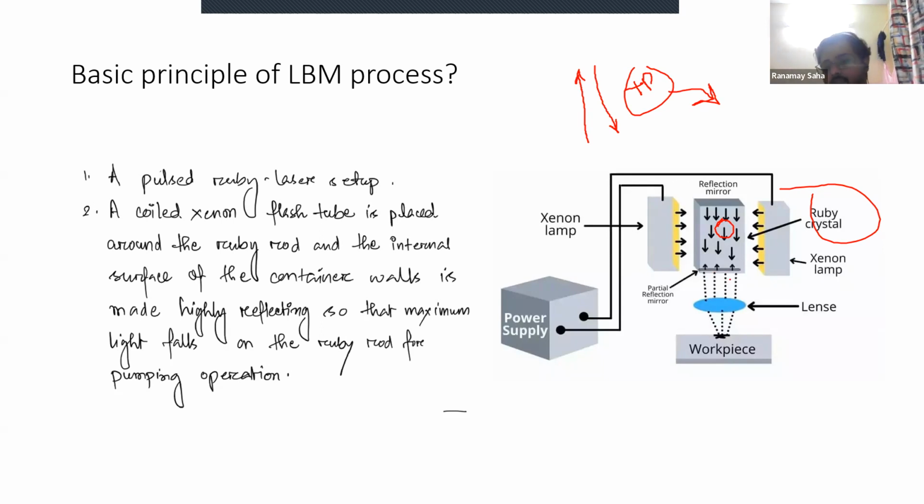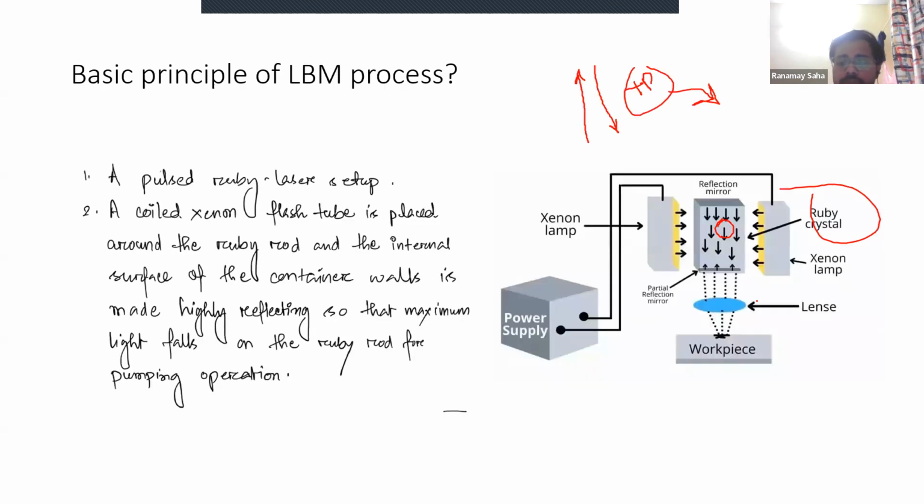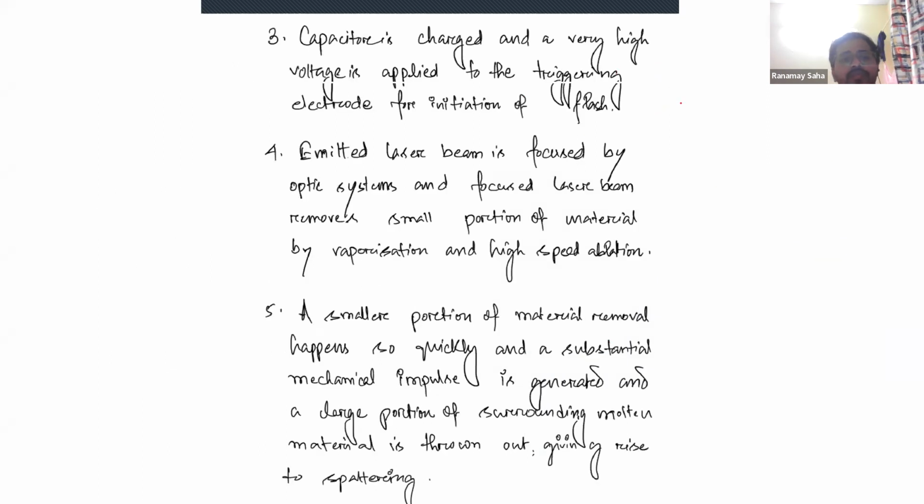That is actually called the population inversion phenomenon, right? So there is one lens which converges them on the workpiece, leading to material removal.